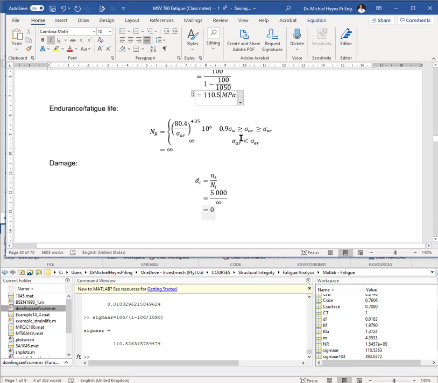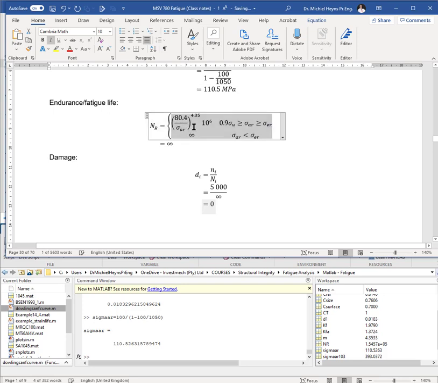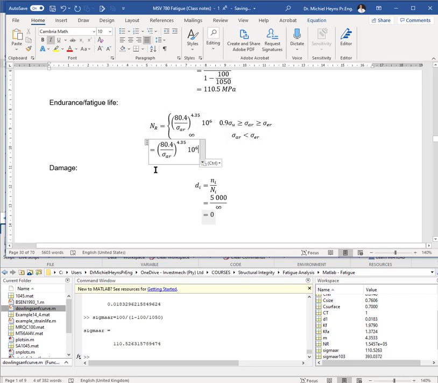Now in this case, 110.5 MPa is larger than the endurance limit of 80.4. So we will use this equation here, Control C, and this is the equation that will be applicable here. So here we will put in 110.5 MPa, and we will calculate this.